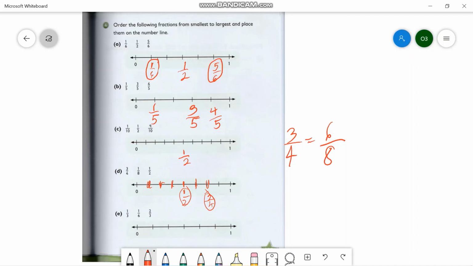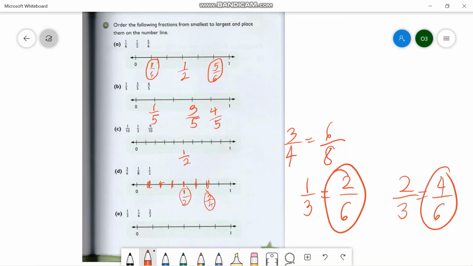Okay, let's go to letter E. 1/3, 1/6, 2/3. But the number line is divided into 6 parts. So we have to find the equivalent fraction of 1/3 and 2/3. Okay? 1/3 is equal to 2/6. And 2/3 is also equal to 4/6.